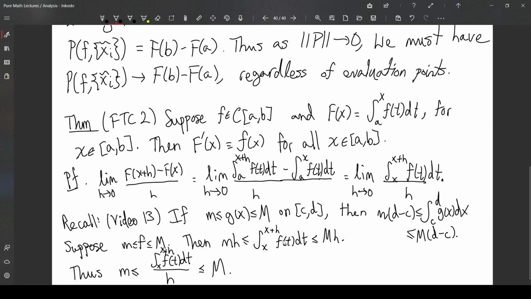But these are the bounds of f on a very small interval, right?